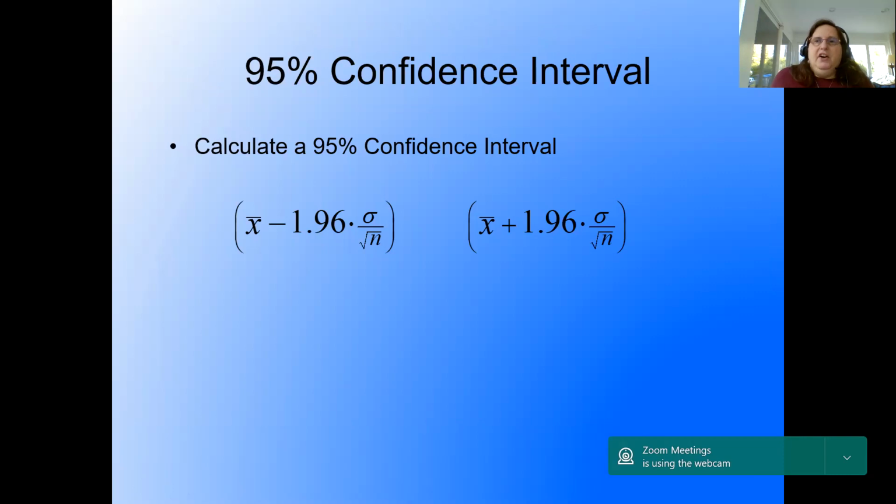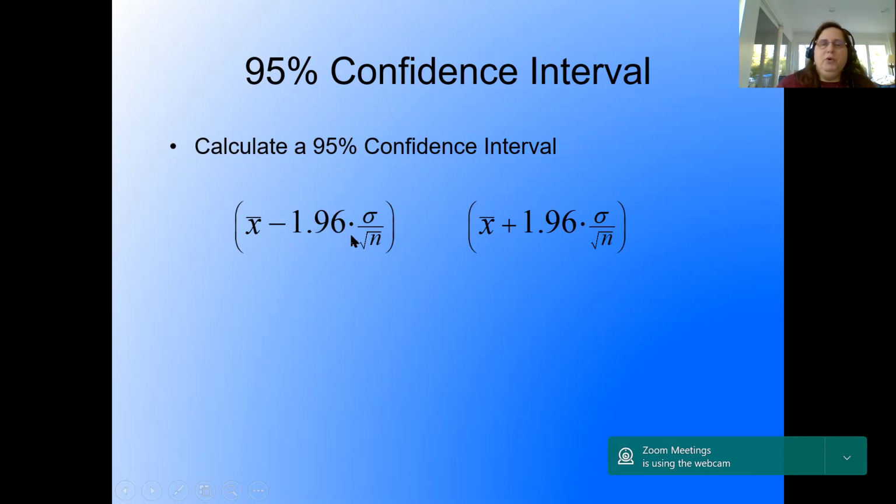So how do we calculate a 95% confidence interval? We'll get into this a little bit more next time, but for now, I just want to share the basics because we just saw this formula: sigma over the square root of n. What does that stand for? That's our good old standard error of the mean.